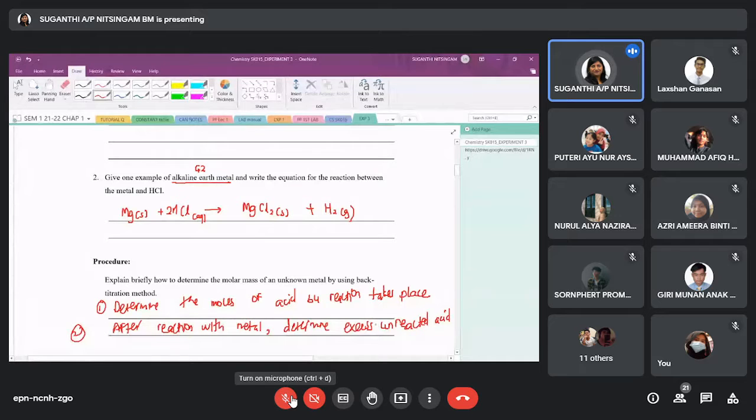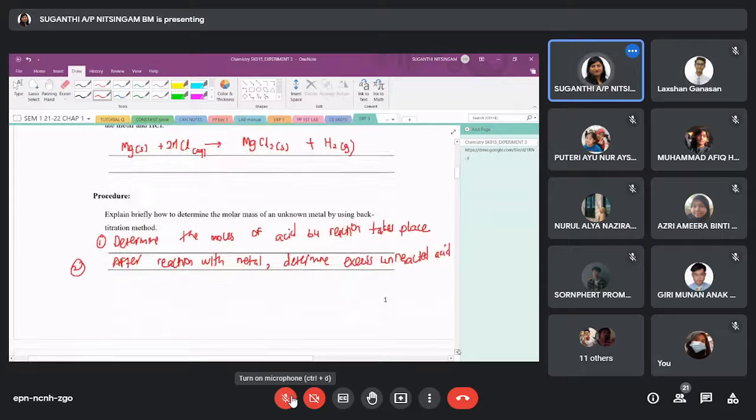After that, what do we do? You calculate the difference between the moles before and after the reaction with metal. But after reaction with metal, determine the excess unreacted.